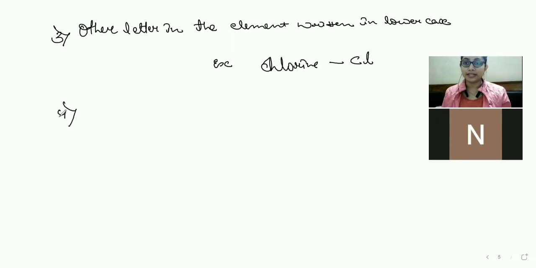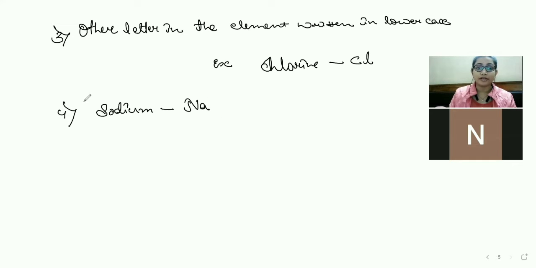The fourth and last rule is elements with names in Greek and Latin words. First we will take the example of sodium, that will be Na. There is no N or A written in sodium, but the symbol is Na.